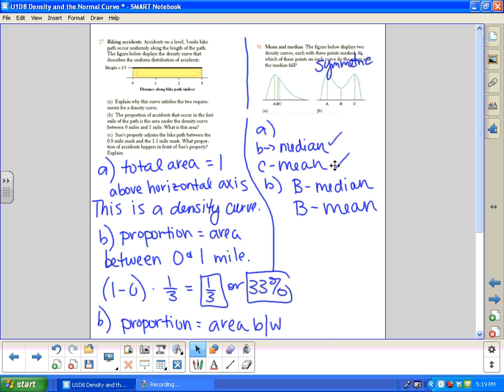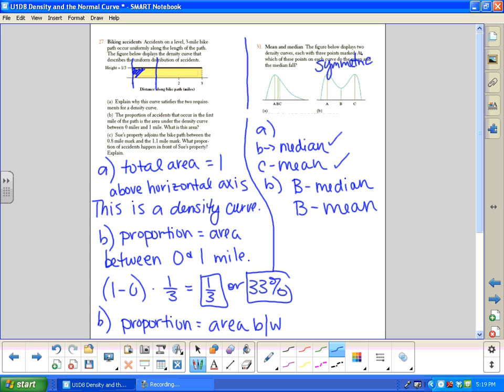All right, the next part asks us to find the proportion of accidents that occur in the first mile of the pathway. And that proportion, you're just going to look at area again. Remember, the proportion of accidents is just going to be the area between 0 and 1. That's how a density curve is defined.